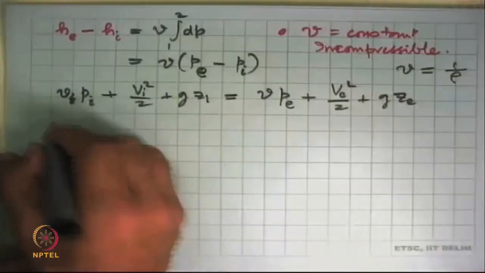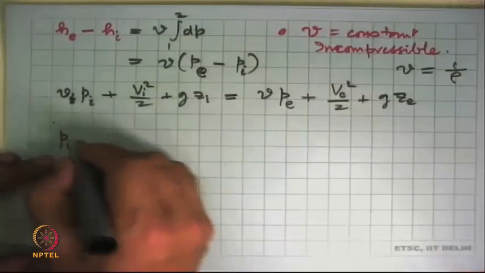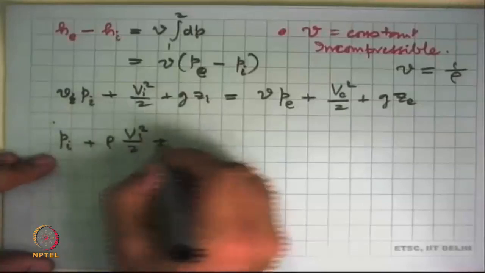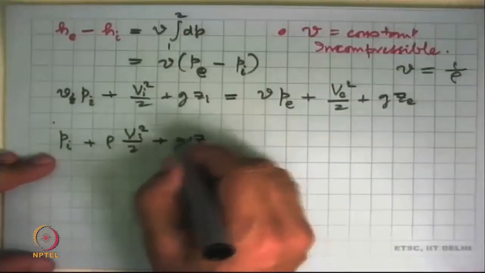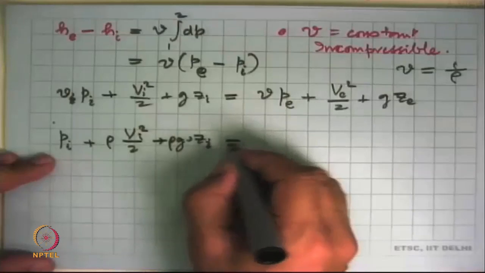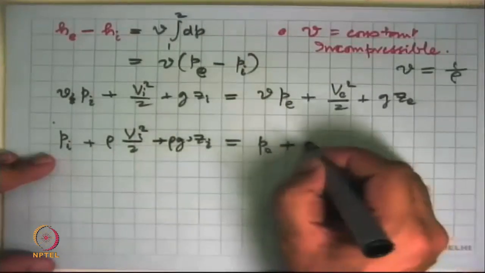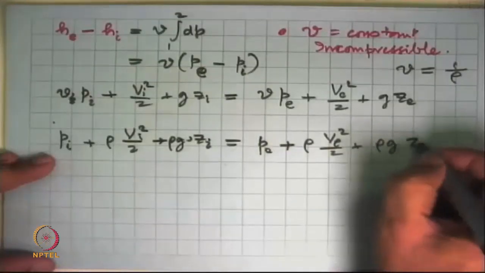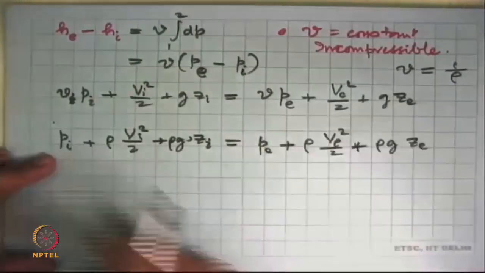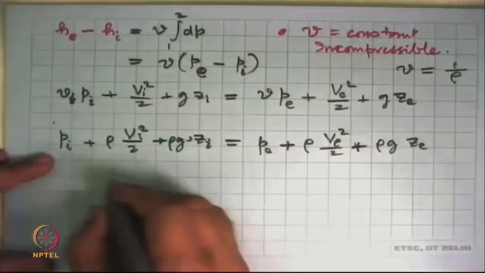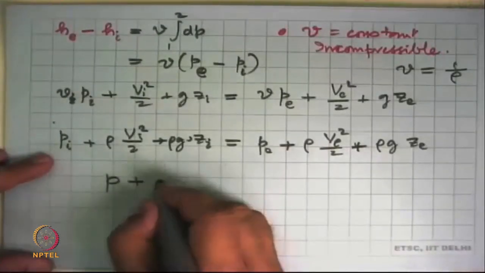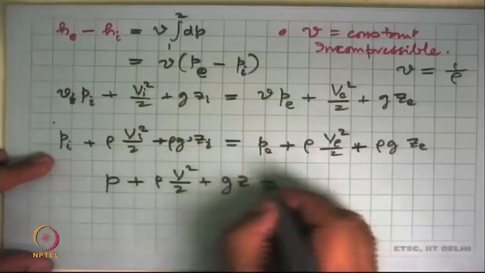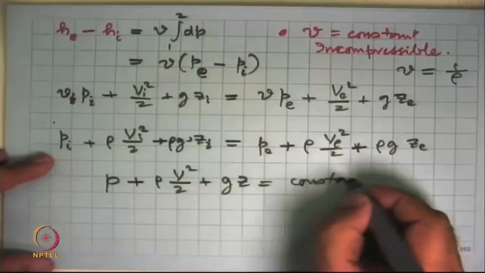So this becomes Pi plus rho Vi square by 2 plus rho g Zi is equal to Pe plus rho Ve square upon 2 plus rho g Ze. Or by looking at it, it tells us that P plus rho V square upon 2 plus rho gZ is constant.